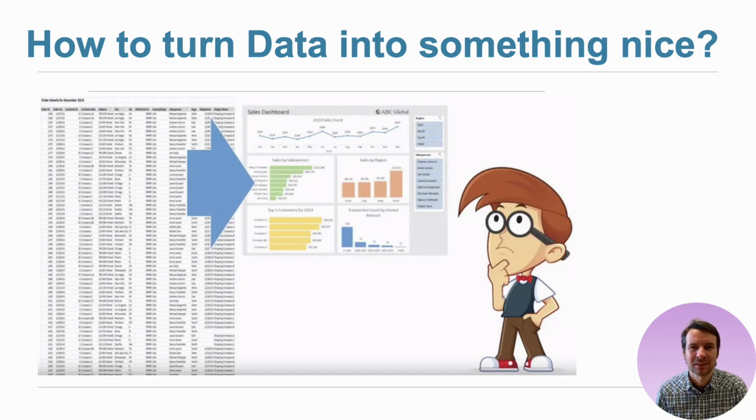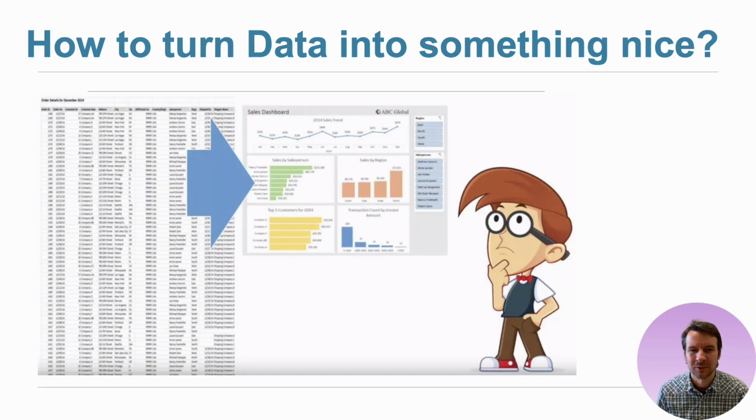In Excel, you may have these big tables. There's a lot of entries, a lot of columns, and what you may want to do sometimes is sort the data a little bit, pick only some of the columns, group the data by different types, and that's what pivot tables let you do.